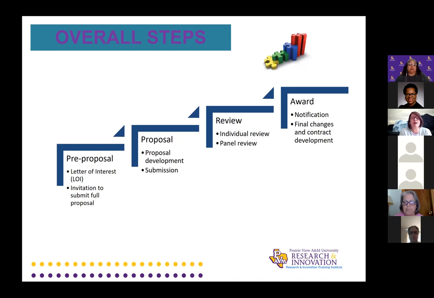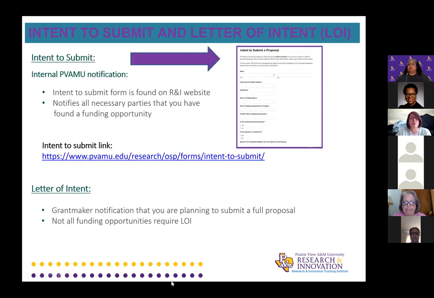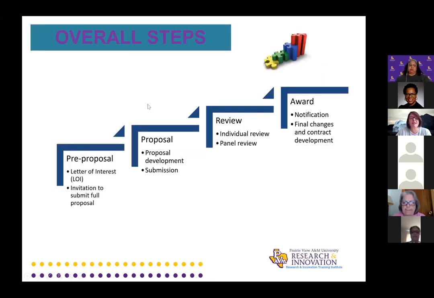Usually there's a timeline from when you find your proposal all the way up until you're awarded and notified of your award. This consists of a pre-proposal time where you identify the solicitation that you want to apply to. Within that solicitation, there are usually deadlines for the submission of the full proposal and a possible letter of interest or letter of intent.